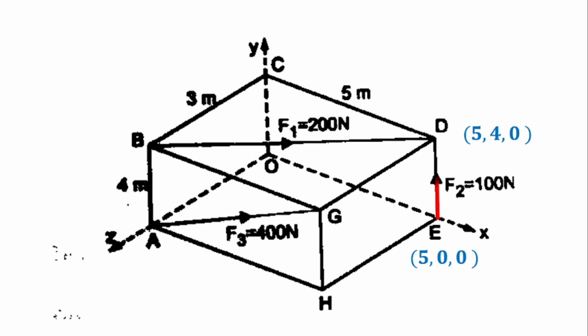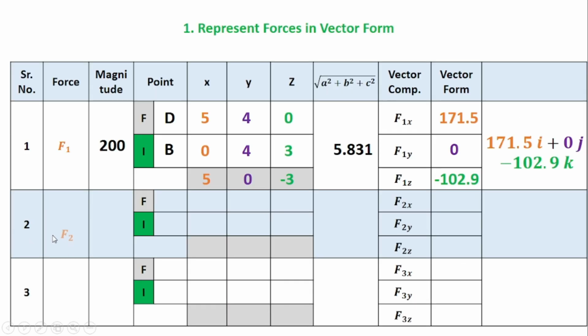The magnitude is given as 100 Newton, so we'll put those values in table format. You can note down all the values. The F2 force has a magnitude of 100 Newton, the initial point is E and the final point is D. The D coordinates are already written here. Copy that, 5, 4, 0, and the value of E is 5, 0, 0.